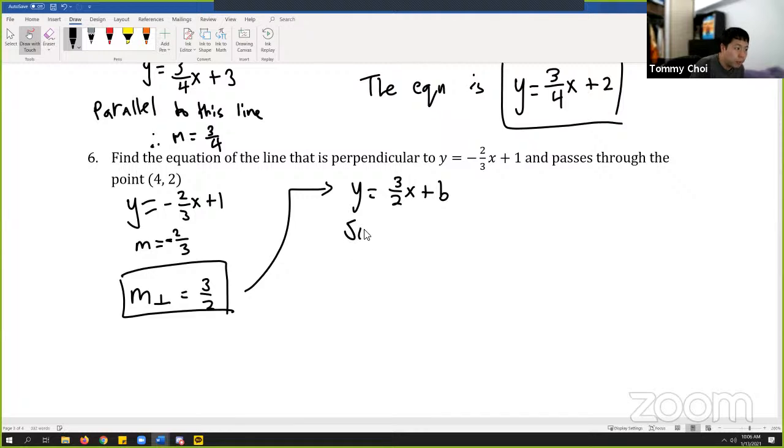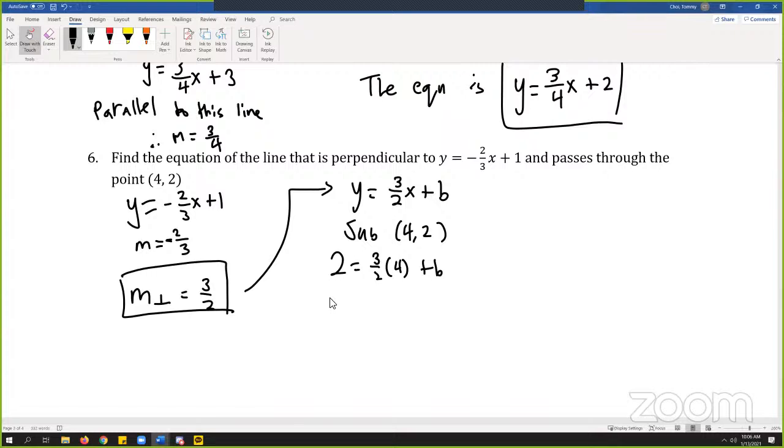So now we sub in our point 4, 2, and this step is the same, right? We're doing the same thing as previous. We're subbing in the point because it passes through it, and we're going to get 2 is equal to 3 over 2 times 4 plus b. Okay. Yeah, I got it.